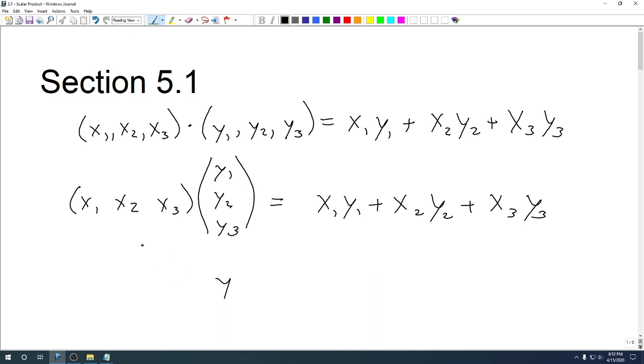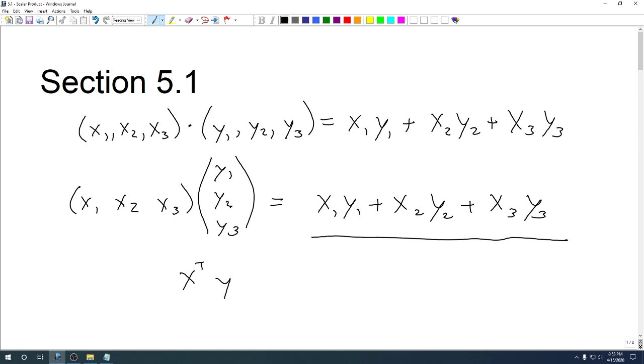What we should really do is think about this as the column vector x1, x2, x3, but then transposed. Think about this as x transpose times y. So it's exactly what we have written up above. The x transpose is the row vector with the x's in it. y is just the column vector with the y's in it. And x transpose y is now this value over here.